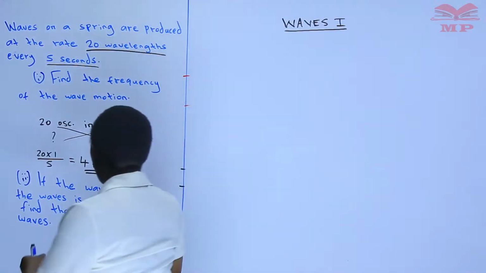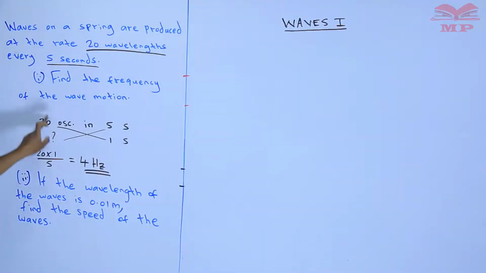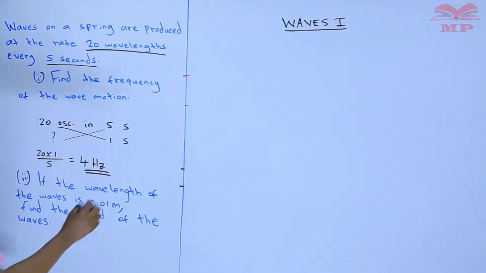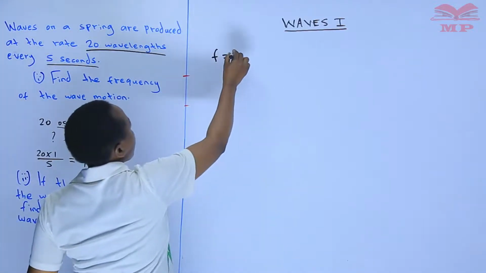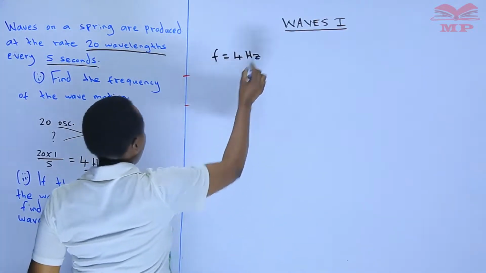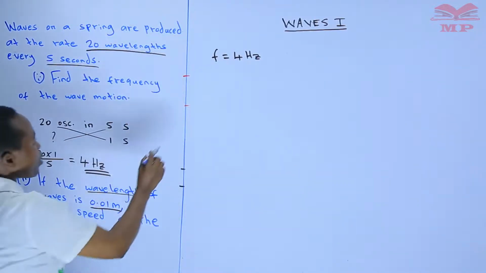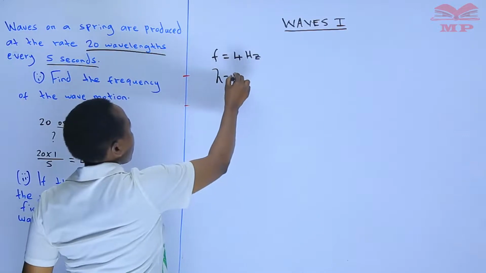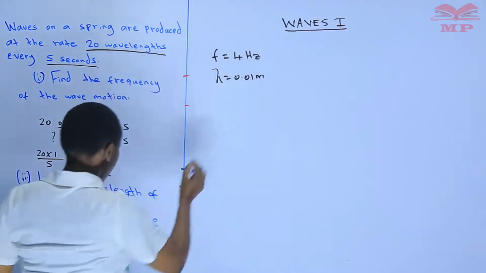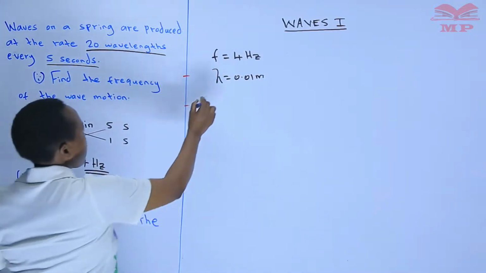So how do we go about it? Remember in the first part we had calculated the frequency. So we already have the frequency as 4 hertz. Then we are told that the wavelength is 0.01. So lambda is 0.01 meters. We are told to find the speed V.